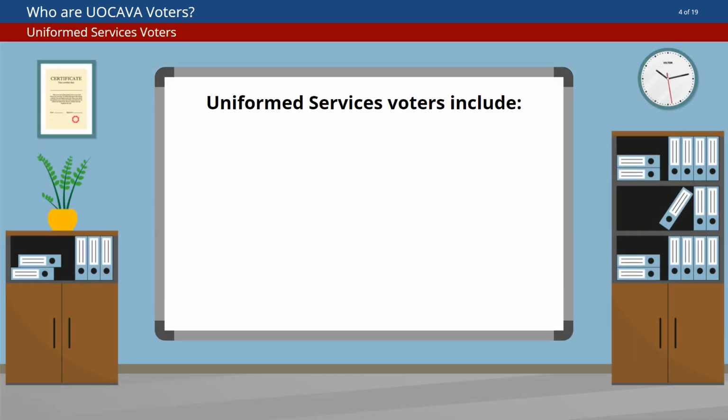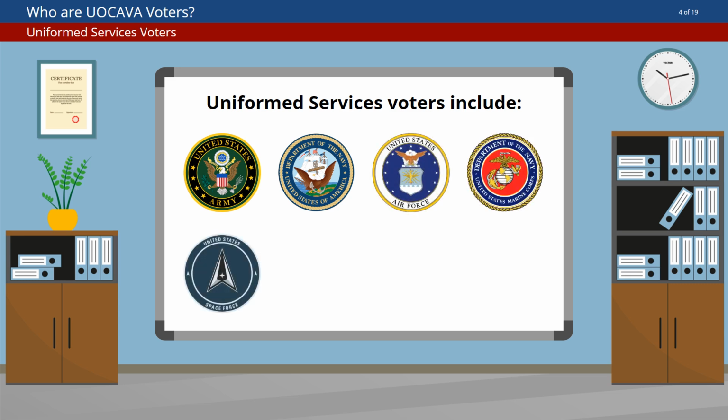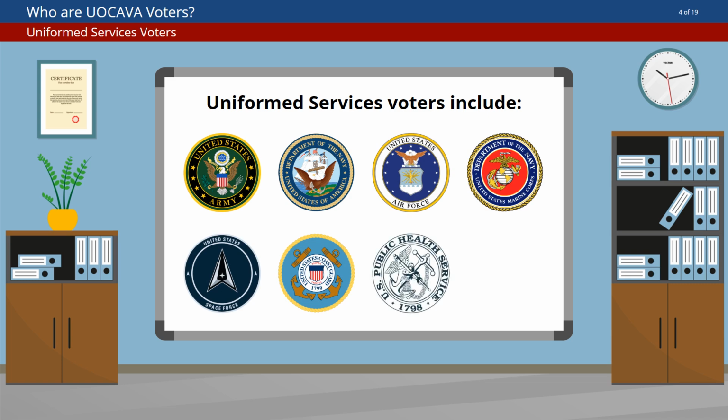Uniformed services voters include members of the Army, Navy, Air Force, Marine Corps, Space Force, Coast Guard, the Commissioned Corps of the Public Health Service, and the Commissioned Corps of the National Oceanic and Atmospheric Administration, who, by reason of active duty, are absent from the place of residence where the member is otherwise qualified to vote.